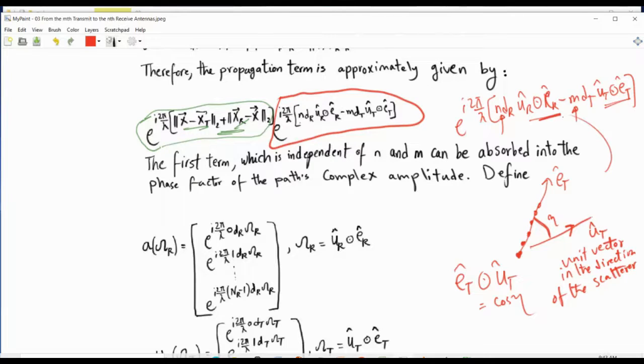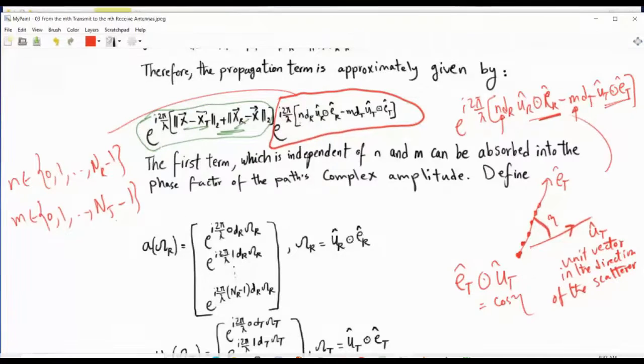Okay, now this is between the mth antenna and the nth antenna. This expression is for n from 0, 1 to n_r minus 1, and m from 0, 1 to n_t minus 1. Since we have something with two indices like this, it is very tempting to connect those terms in a matrix.